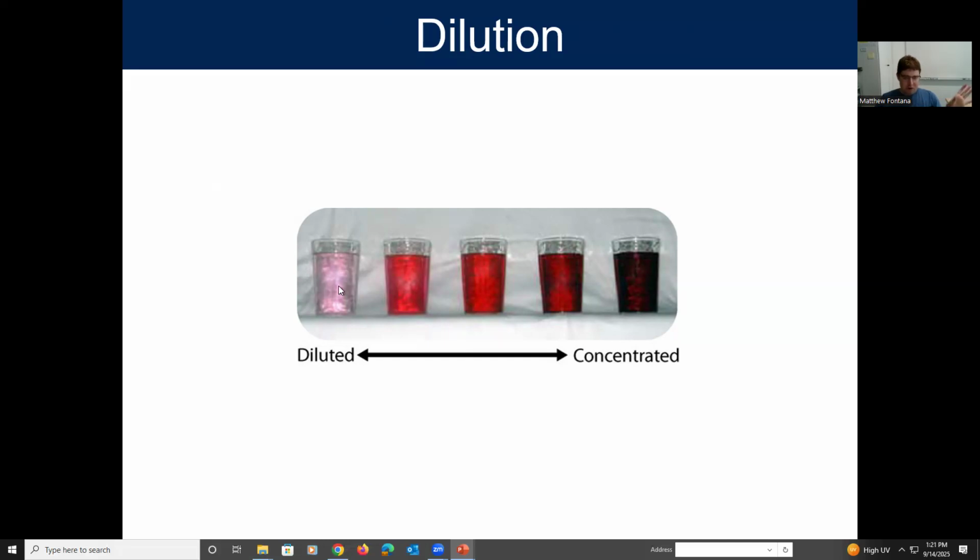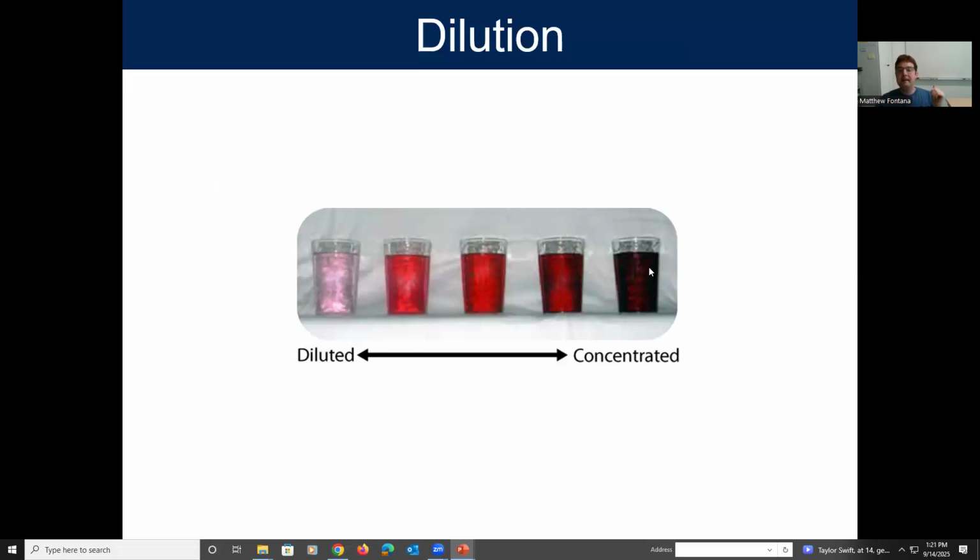So, I'll start with an example of maybe you make some Kool-Aid, okay? You make some Kool-Aid and you pour the powder in, you add some water, and then you get this concentrated solution of Kool-Aid. Let's say hypothetically this is 100 milliliters of Kool-Aid.